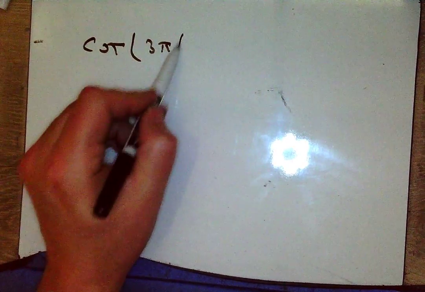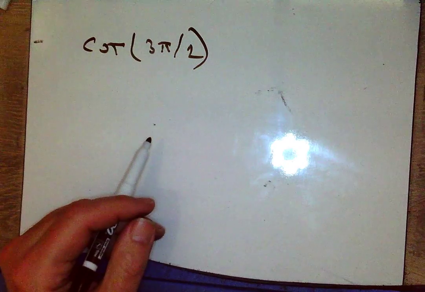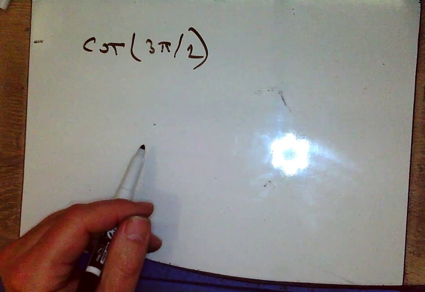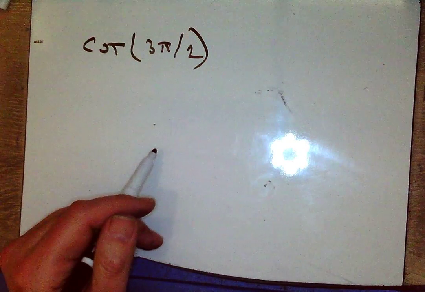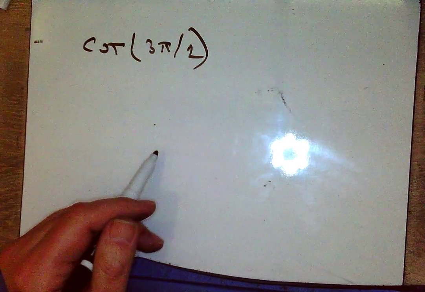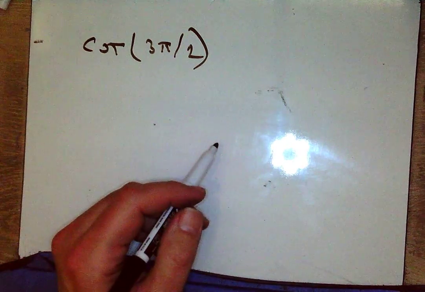How about cotangent 3 pi over 2? Okay. 5, 4, 3, 2, 1. Well, there's a couple of different ways we can do this.